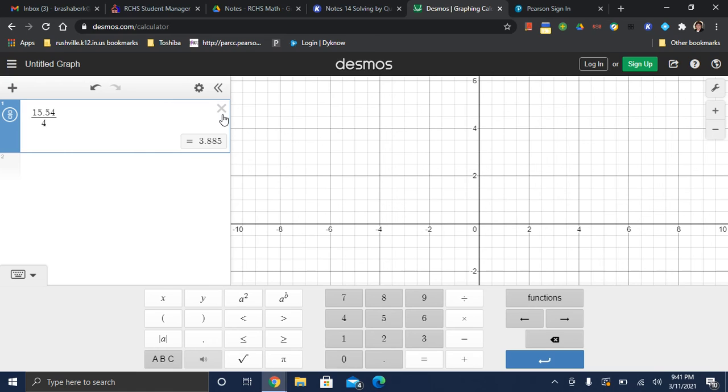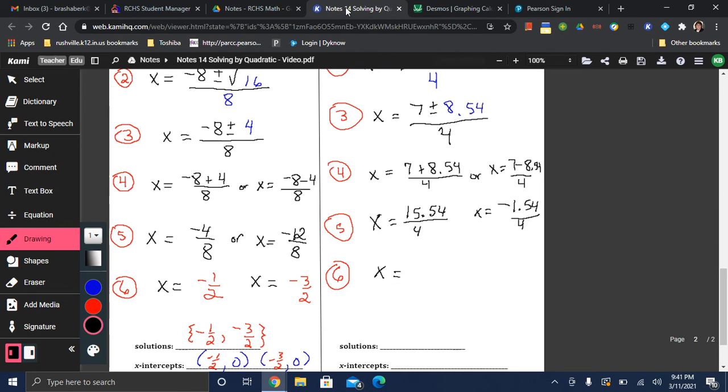Now, this one, it says that we get 3.885. To round to the nearest hundredth, I'm going to go to this second 8. I'm going to look one after it. That is a 5, which means I take this last 8 up to a 9. So we're actually going to use 3.89 as our decimal approximation. So 3.89.